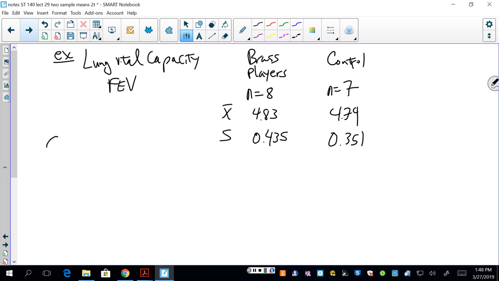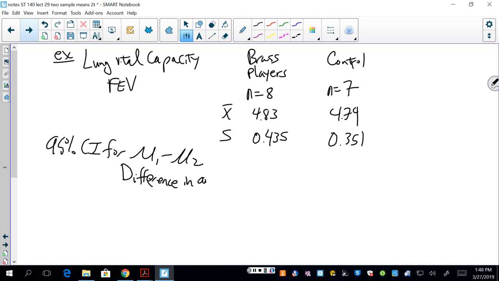So if we want to do, say, a 95% confidence interval for the difference, mu1 minus mu2, what does that represent? This is the difference in average lung vital capacity.